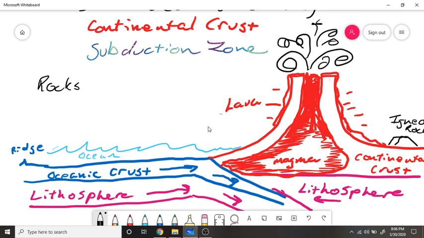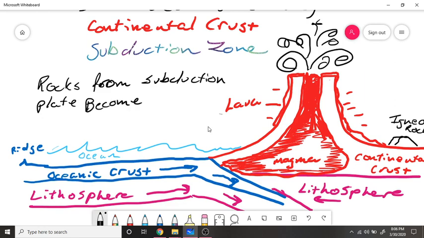So, as I said, rocks from the oceanic crust, from the subduction plate, become magma because of all of that pressure. Here's the crazy thing.